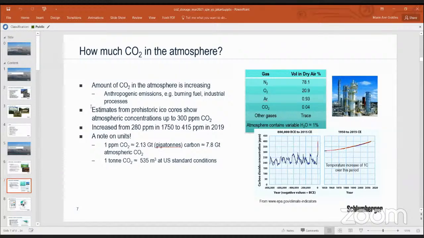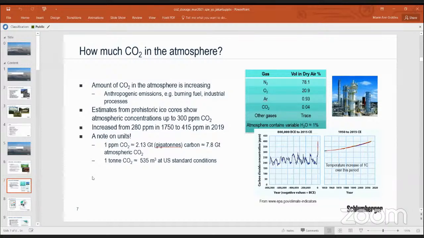So this is way higher than we saw in history. This is shown on this plot on the right. Also, during that period of increase in CO2, the temperature has been increasing. And in fact, the average temperature has gone up by over 1°C since 1950. So this again is indirect evidence of the impact of CO2 increase.